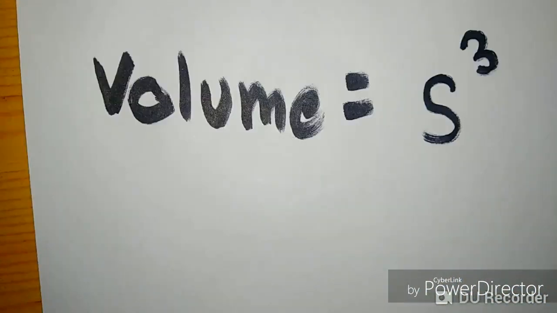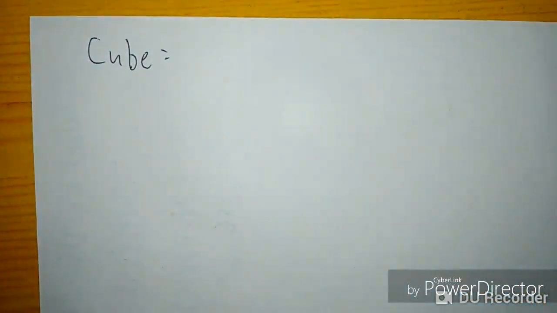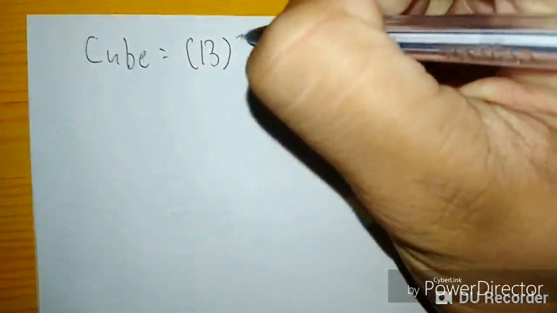And the next spatial figure that we're going to get its volume is the cube, and the formula of its volume is the simplest: side cube, and the measure of the side is 13 centimeters. So let's get the volume of the cube. So let's substitute the value of s, which is 13 cube.